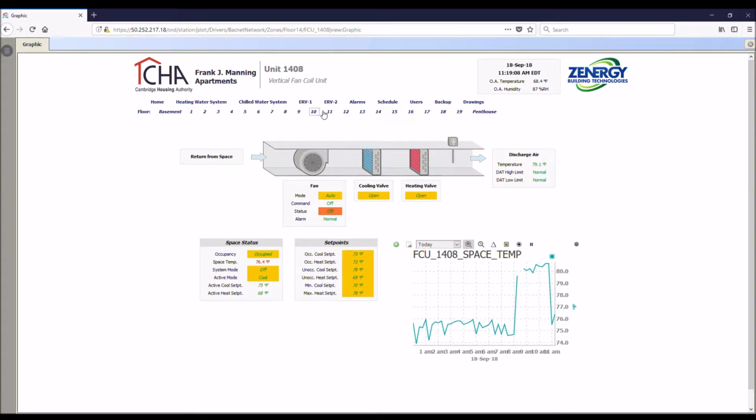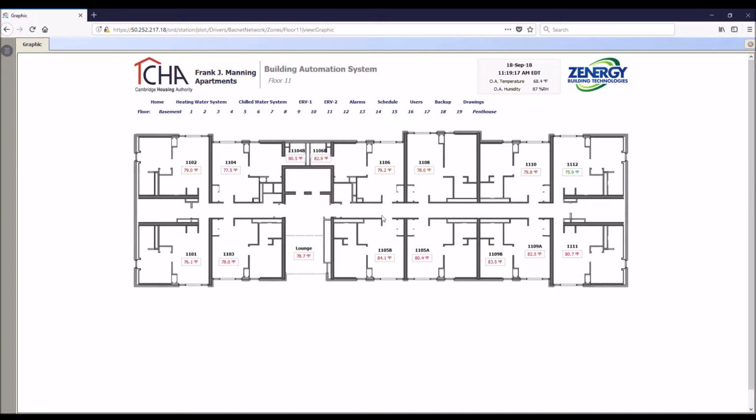But if we go to a different floor that has like a lounge and double units, some of these units have multiple stats, and there are lounges on some of the floors, but otherwise floors 3 through 19 are pretty much identical.